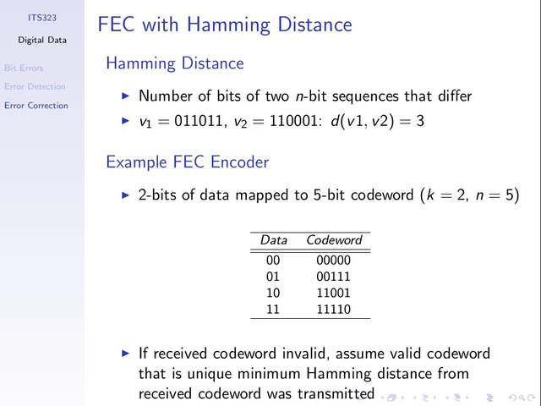So the larger the distance between the valid code words, the better the encoder and decoder is at detecting and correcting errors. Because in this case, a single bit error causes a problem. One bit in error causes a problem.